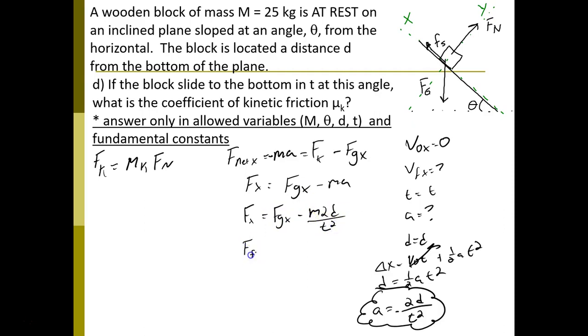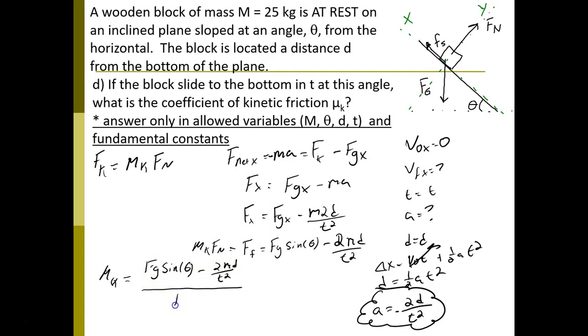Or my force of friction is equal to Fg sine of theta minus 2md over t squared. I can go back here and I say, okay, all of that has to be equal to my coefficient of kinetic friction times my normal force. And I can say my kinetic coefficient is going to be equal to Fg times the sine of theta minus 2 times mass times distance over time squared, all divided by the normal force.